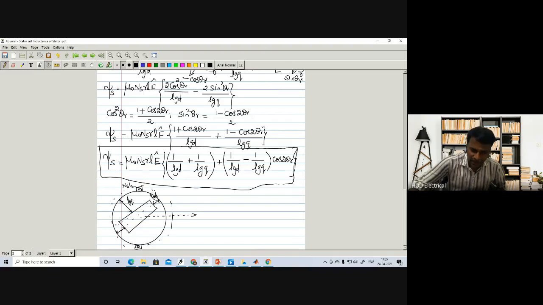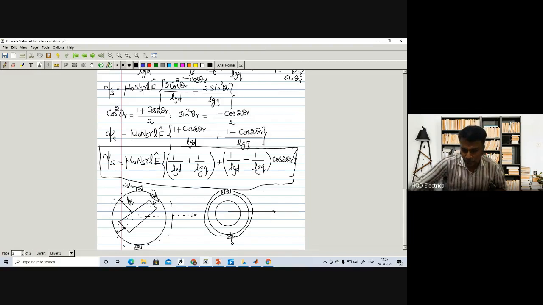Instead of doing this, let me take a cylindrical stator and a cylindrical rotor. If I excite this stator, what happens? The magnetic flux will be maximum in this region, positive from alpha equal to 0 to pi, and then negative magnetic flux.